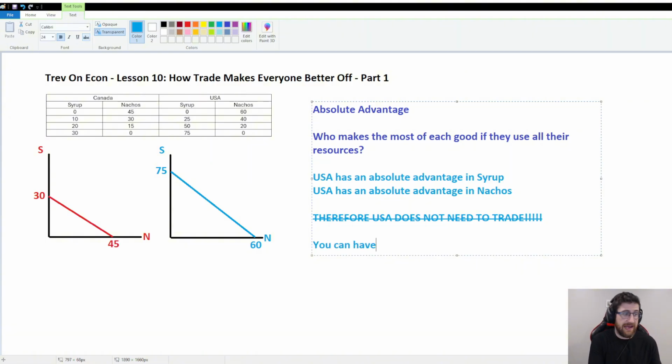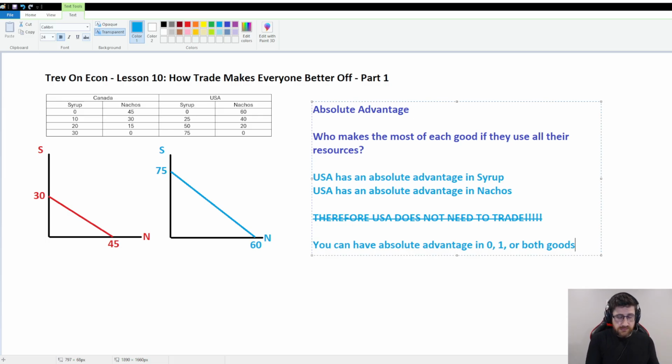You can have absolute advantage in 0, 1, or both goods. It doesn't matter. In this case, the US had it in syrup and nachos, which means Canada had it in 0 things. You might run into problems where it's 1 and 1 or flipped. So there's all manner of combinations that can happen between these two goods.